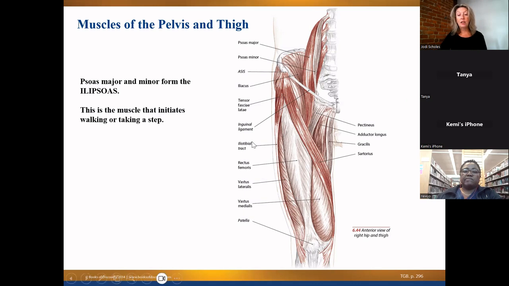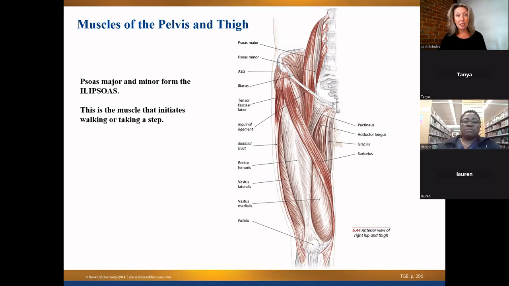Good. And then we've got the rectus femoris and the sartorius. Sartorius is the longest muscle in the body. You see how this says iliotibial tract right here? That is your IT band.